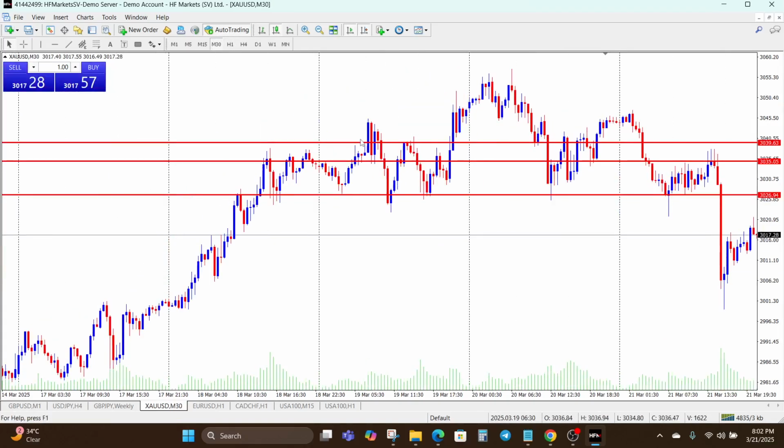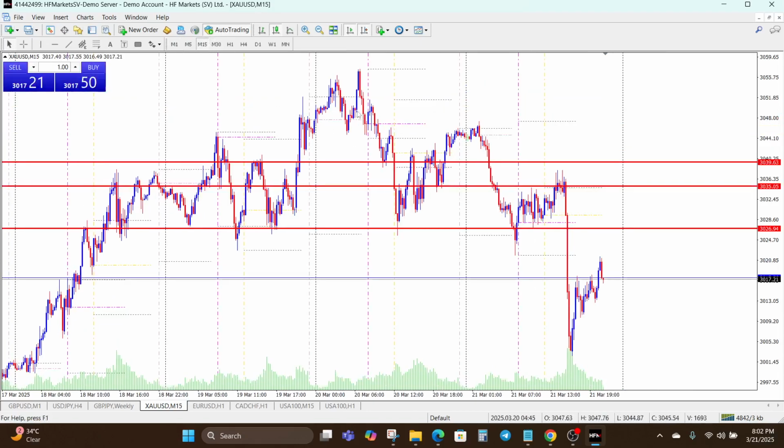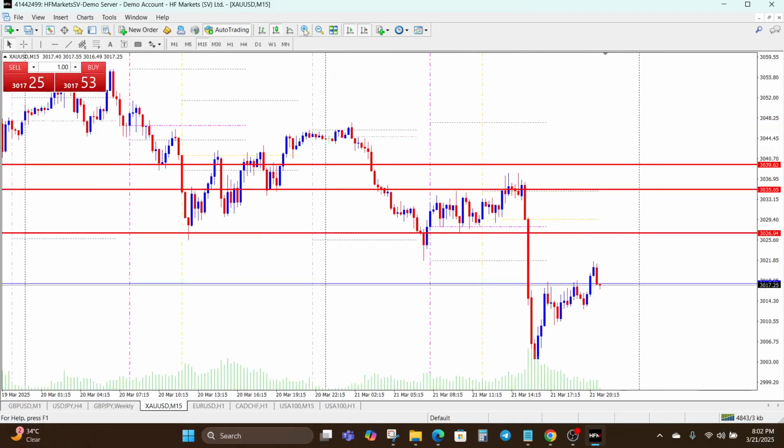Let's see, on the 30 minutes, it seems like this indicator has already been programmed to work from 15 minutes and below, because that's actually where it makes sense. When you're using this indicator on the 15 minutes time frame, the different sessions occur within a day, within 24 hours, so you have enough space for the indicator to work.